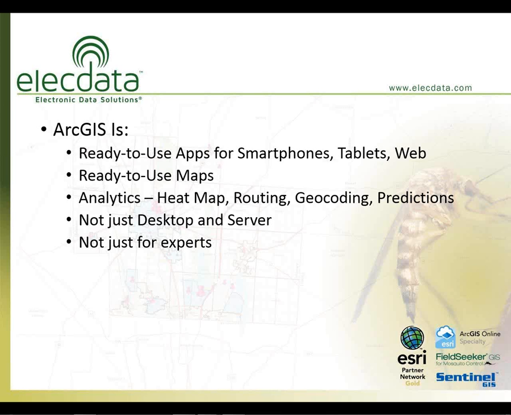It's also analytics, things like heat maps and simple things like geocoding addresses and getting routing directions. These kind of analytics can be real helpful in mosquito control operations. Heat maps that show trends and that allow us to see historical data visually.